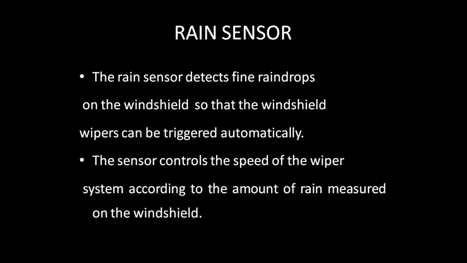That is, the sensor controls the speed of the wiper according to the amount of rain that it senses, and according to the circumstances or conditions, it will trigger the wipers accordingly.